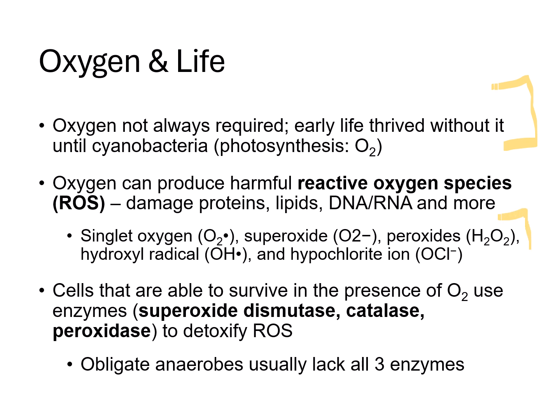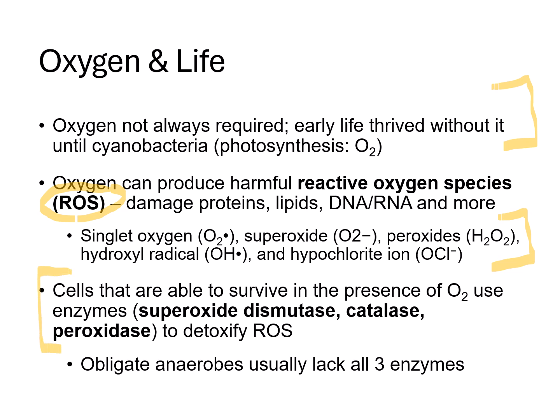It can form reactive oxygen species, or ROS, such as superoxide, peroxides, and hydroxyl radicals, and these damage our proteins, lipids, DNA, RNA, and other cellular processes, such as inactivating coenzymes or disrupting our electron transport chains. So in order to survive in the presence of oxygen, cells have to be able to produce enzymes to detoxify these ROS, these reactive oxygen species.